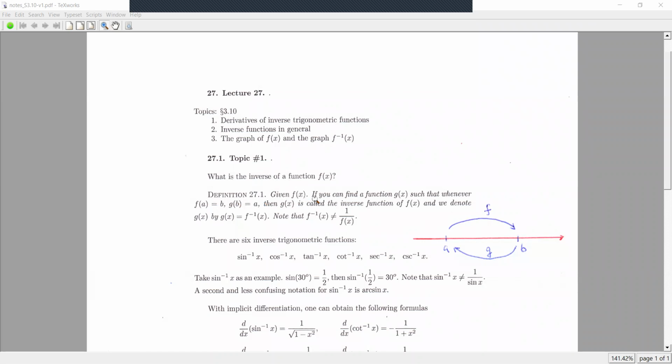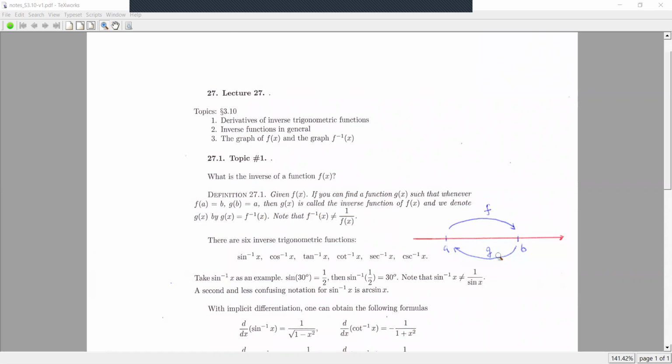Given a function f, if you can find another function g such that whenever f takes a to b, function g takes b back to a, then function g is called the inverse function of function f, and we denote g by this notation, f inverse. Please note that f inverse doesn't mean 1 over f of x.